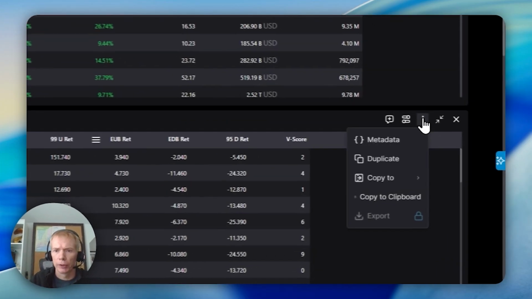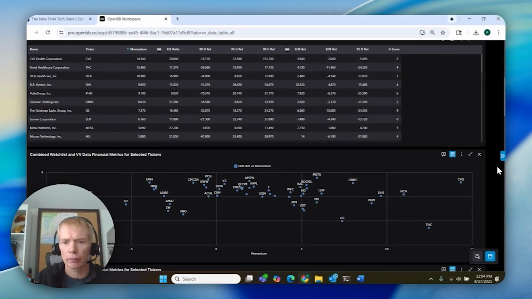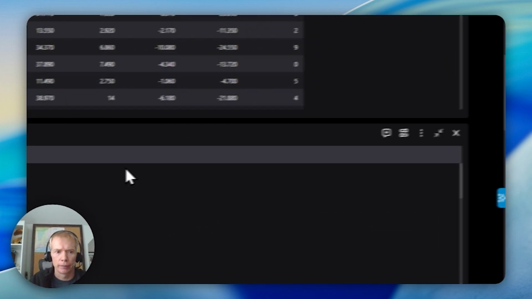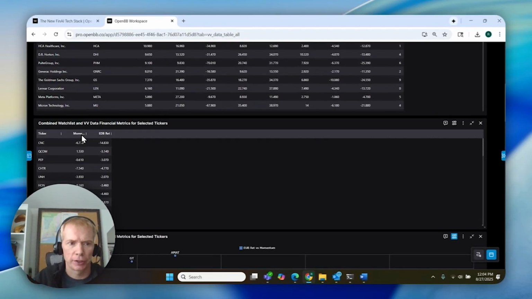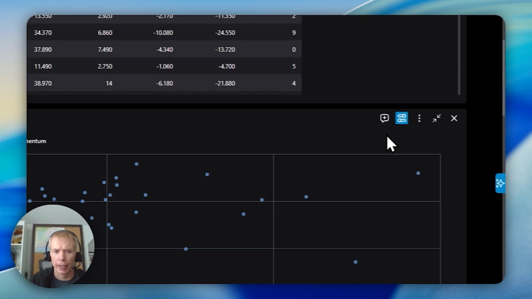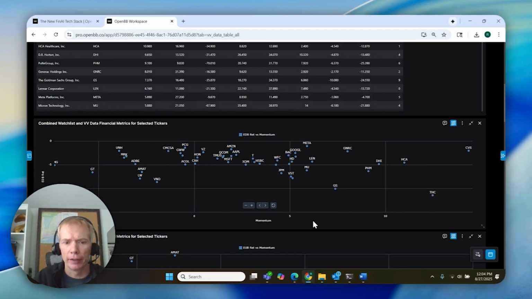And so what we did was we duplicated this table, and we created a scatter chart from it. Here's the fields we selected for each scatter chart: momentum and the EDB, or expected down body return. We'll go back to the chart, and we have momentum on the x-axis and the EDB return on the y-axis.